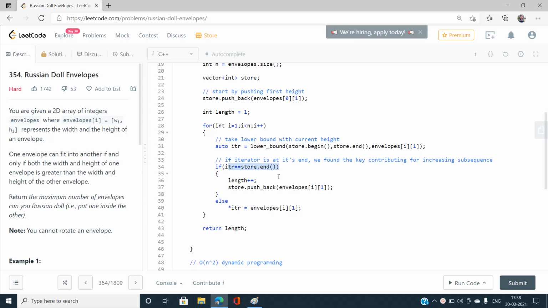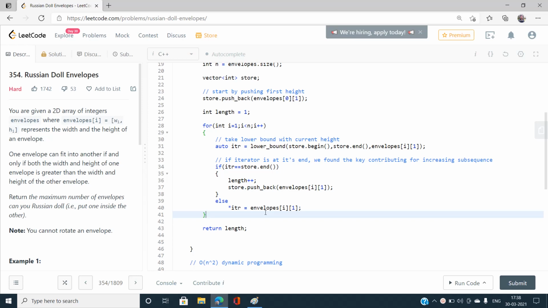Otherwise, if it lies somewhere in between, why not replace that element with my new element? That is going to be minimum for that particular subsequence. So just put star itr equals envelopes of i of 1. Note that I am working on the height, because the width parameter is already sorted in increasing order.